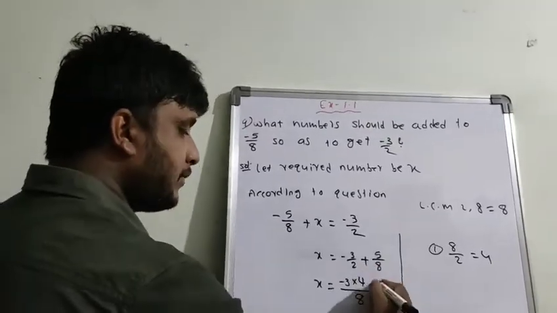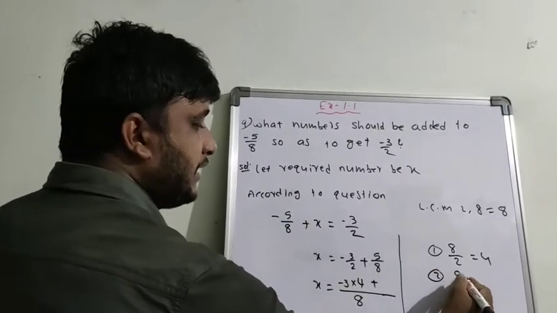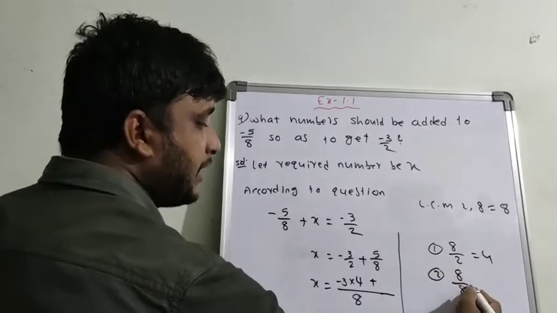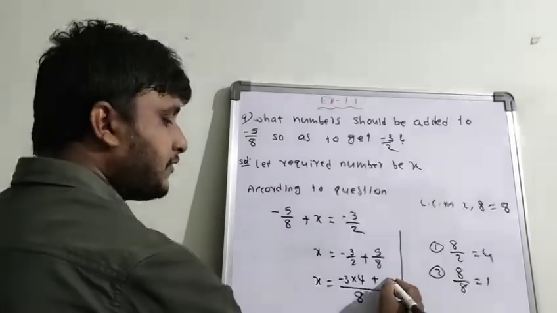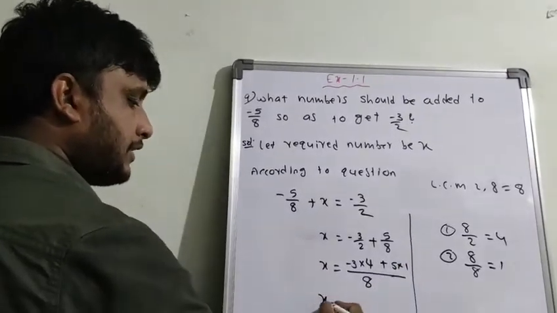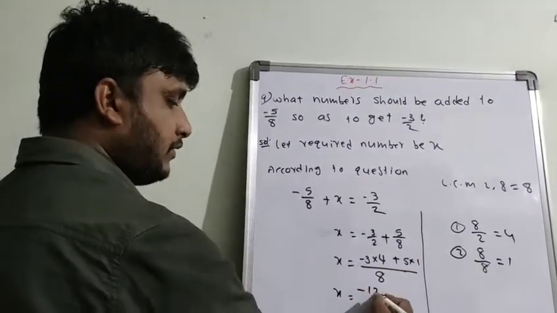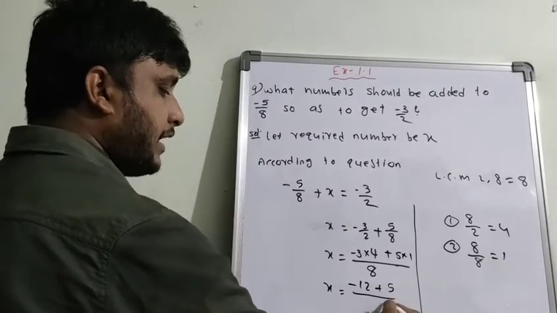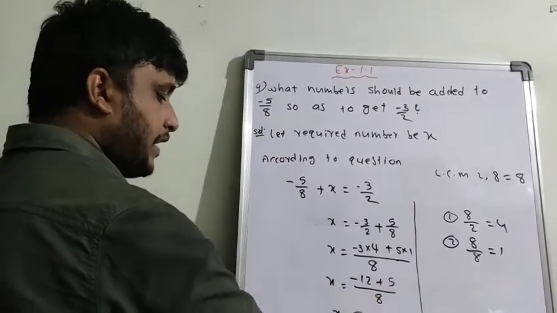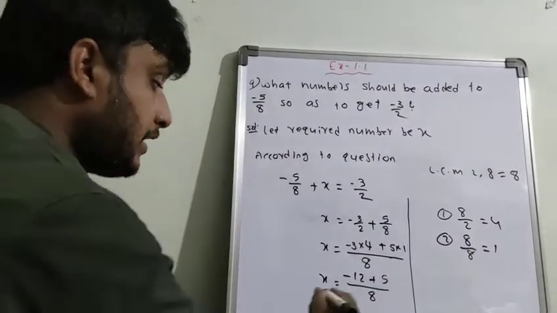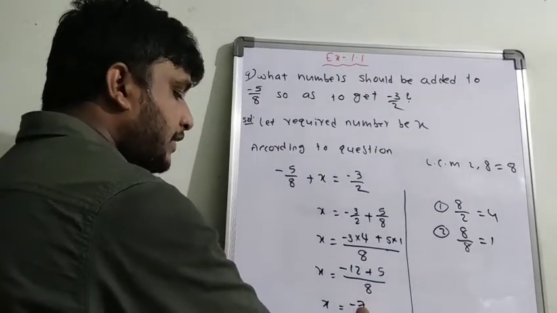Afterwards, plus symbol is there. Second part: LCM 8 by this denominator 8 is 1, and the numerator is 5 into 1. So x equals minus 12 plus 5 by 8, which is minus 7 by 8. So the required number is minus 7 by 8.